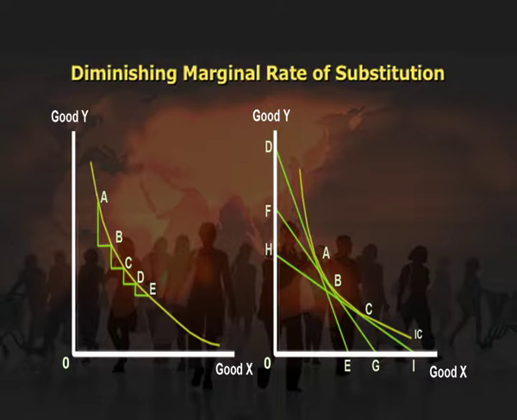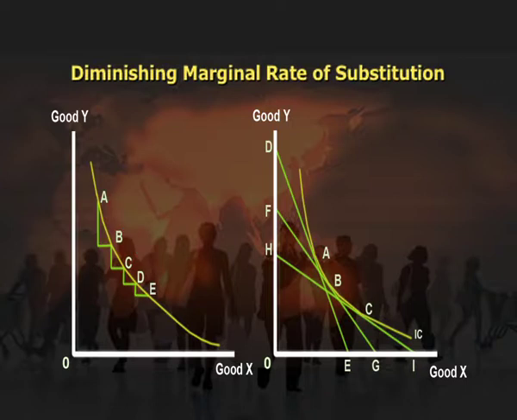In this diagram, we can see when a consumer moves down from combination A to B, he gives up delta Y of good Y for getting the compensating gain of delta X of good X. Thus, the marginal rate of substitution of X for Y, that is MRS_XY, in this case is delta Y1 divided by delta X. But as the consumer slides down along the curve IC, the length of delta Y becomes shorter and shorter while the length of delta X remains the same.